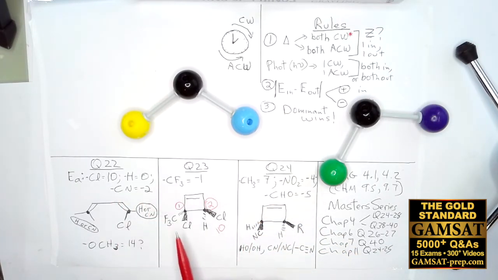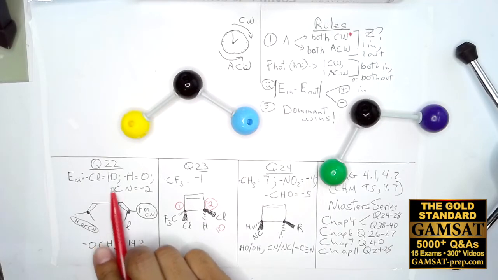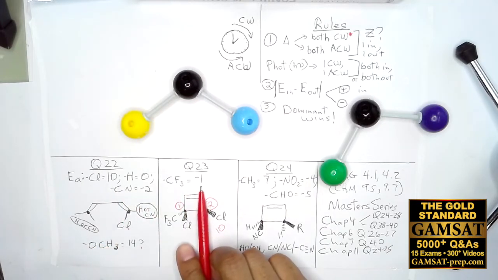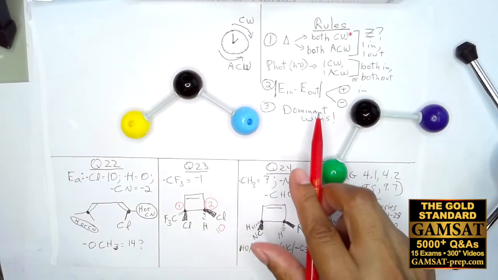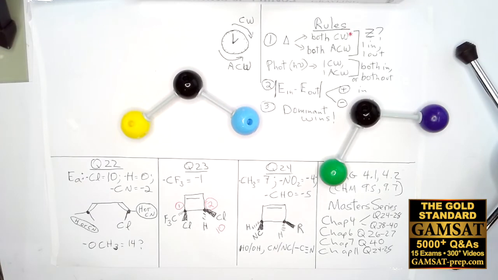But some students looked at the difference in energy between chloride and CF3, which has 10 and minus 1, and they decided it was 9. But this is E in minus E out, as is common in general chemistry, products minus reactants. So you can't do 10 minus 1 is equal to 9, because that's not the difference.